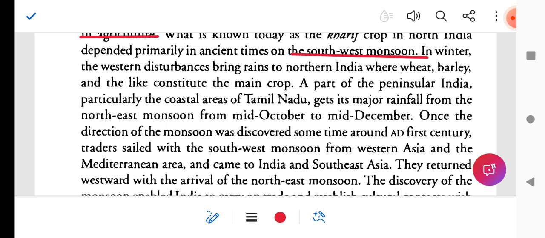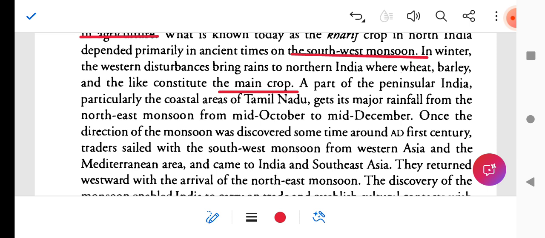In winter, the western disturbances originate in the Mediterranean Sea and move towards India through Central Asia, Afghanistan, and Pakistan. The western disturbances bring rains to northern India where wheat, barley and the like constitute the main crop.